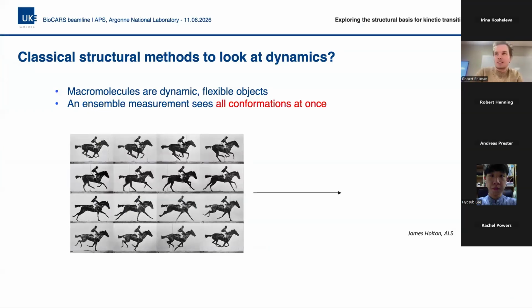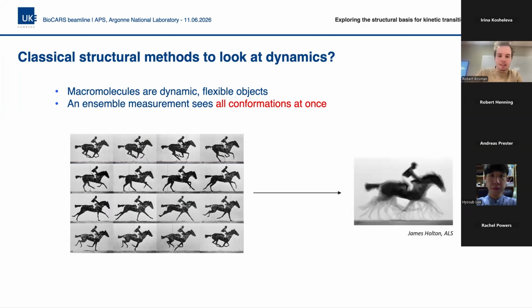I have no real need in some ways to introduce to this crowd, but the classical methods of understanding protein dynamics have not usually involved crystallography, partly because, as nicely illustrated here by James Holton, when we measure a single crystal rotation data set, we end up with an ensemble measurement.